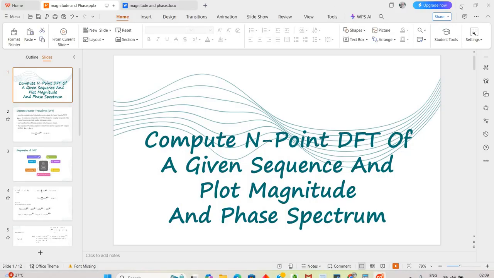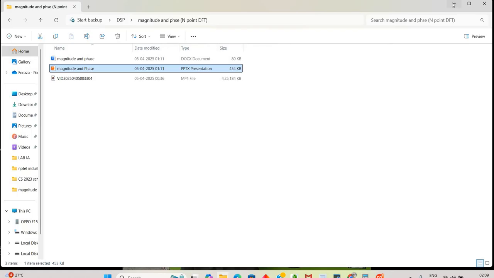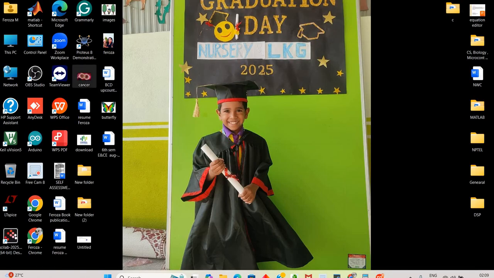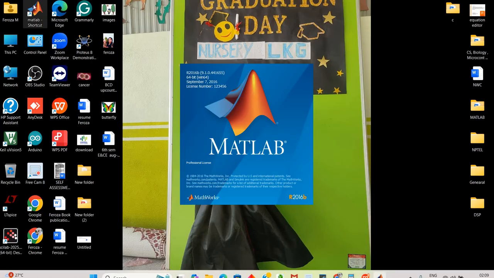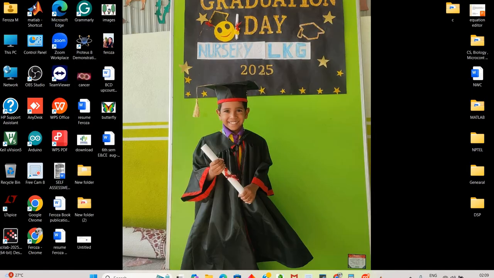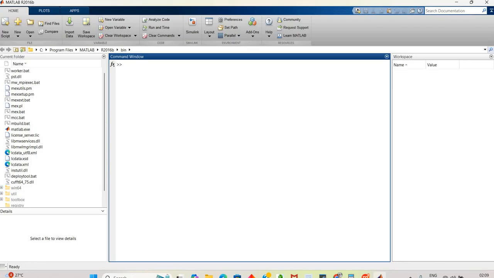Now we'll open our MATLAB software. Here you have the command window, and you have to write the program in the editor window.